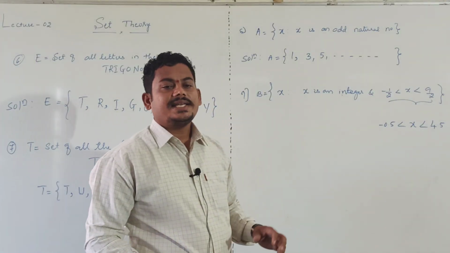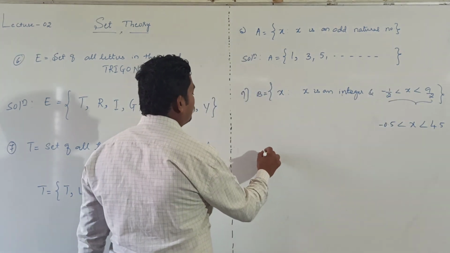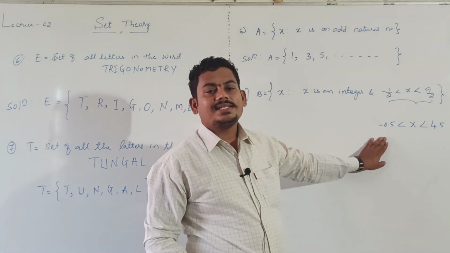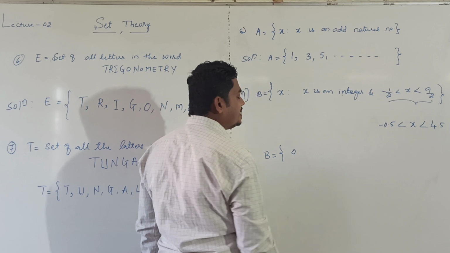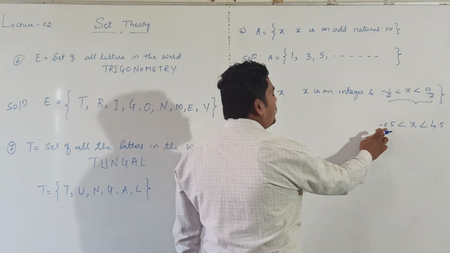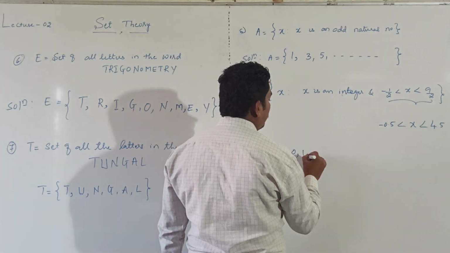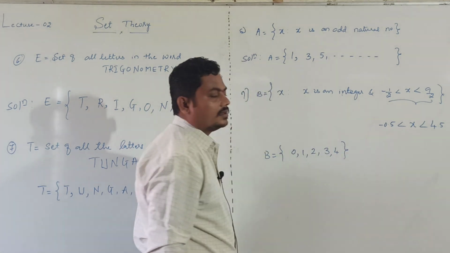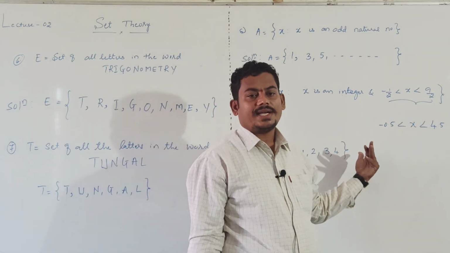Write all the integers more than -1/2. More than -1/2 means it starts at 0. After -0.5 the integers are 0, 1, 2, 3 and 4, because less than 4.5 means 4 is included.